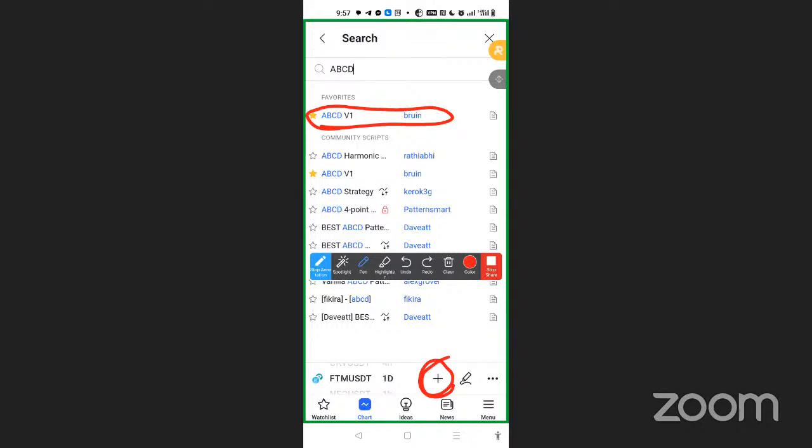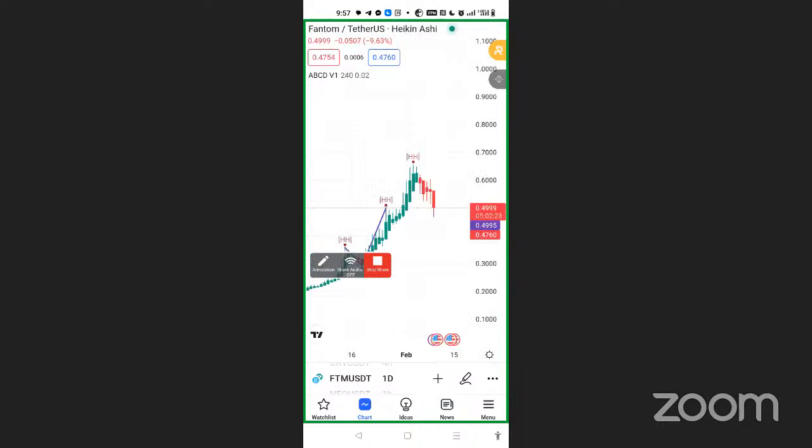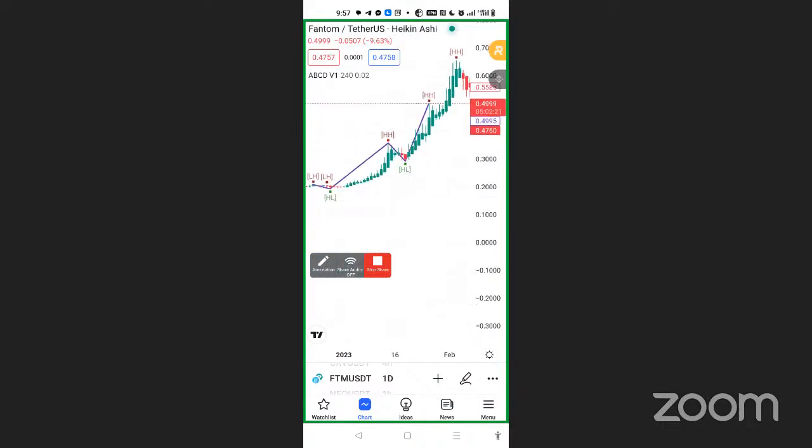That is the name of the indicator. So let's tap on it once and it gets onto our screen.